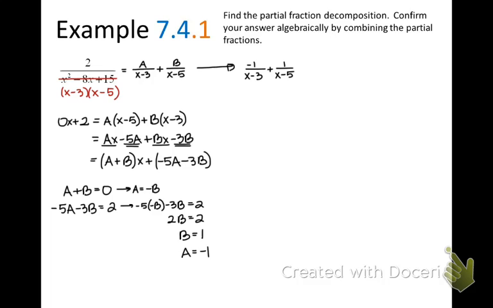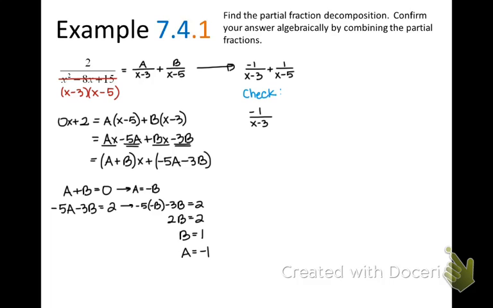To check it, yeah? And how do we do our algebraic check? What did I say to do? It says to combine the partial fractions. So basically you're acting like I gave you this and I told you to put it together as one fraction. So if I told you to put that whole thing together as one fraction, what would you do? What would you do to the negative 1 over x minus 3 in order to combine these?